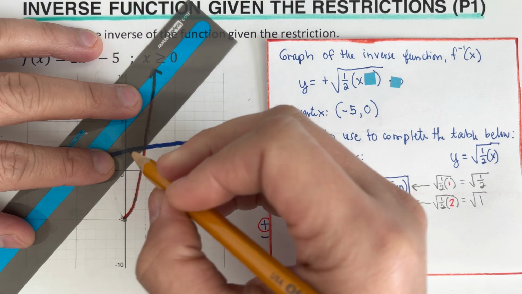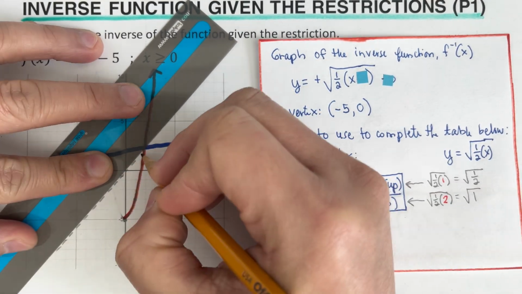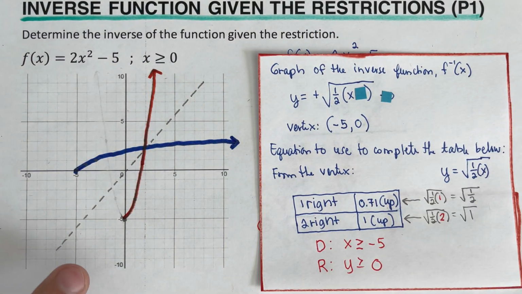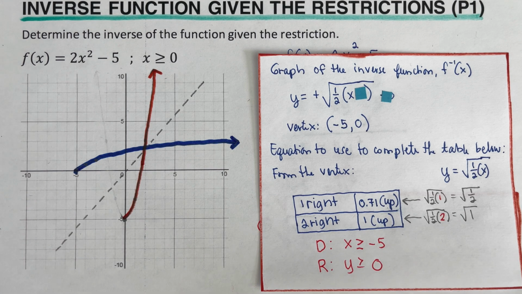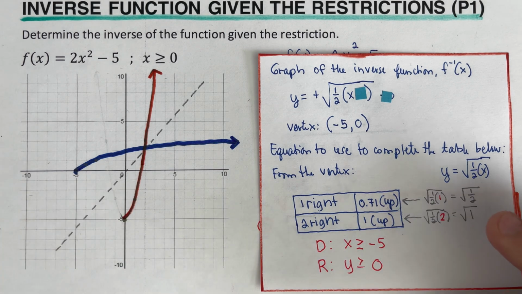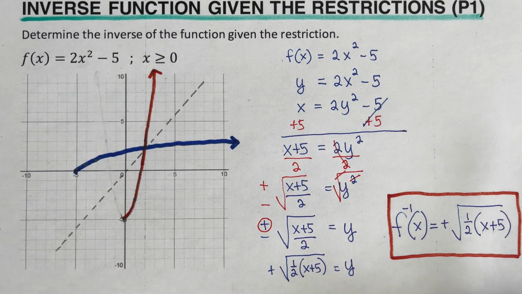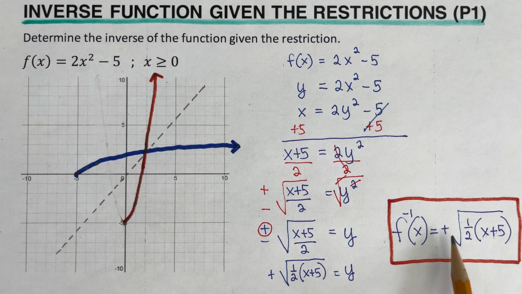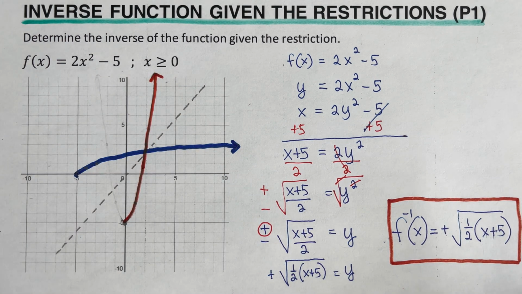So I'm just gonna draw the line of symmetry for this, which means that if we fold this graph here across the line y is equal to x, we can tell that they're going to sit on top of each other. This means that the inverse of this restricted function right here is this one. Please remember that we picked the positive and not the negative because the restriction was x is greater than 0.